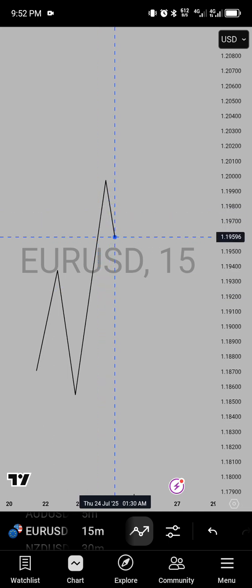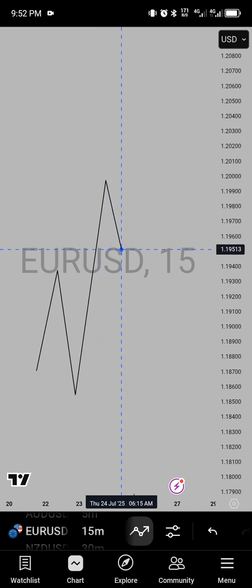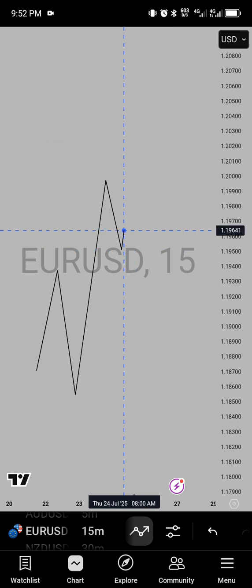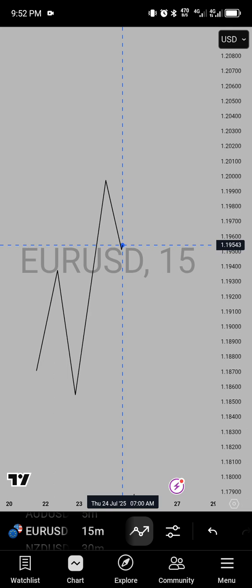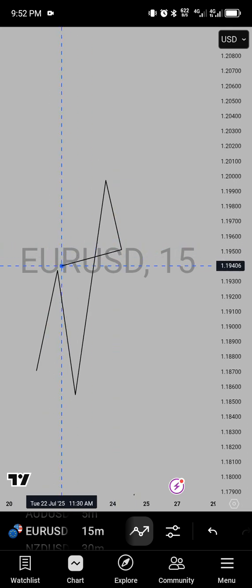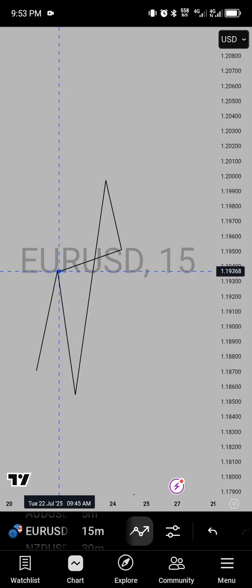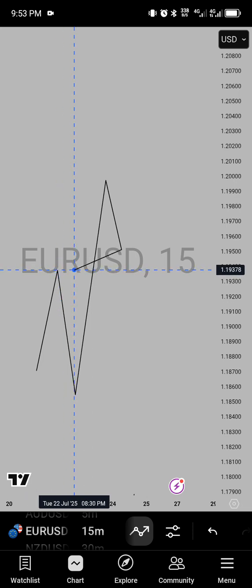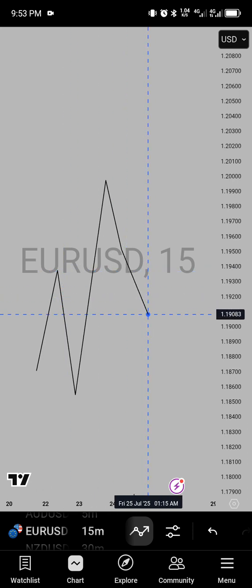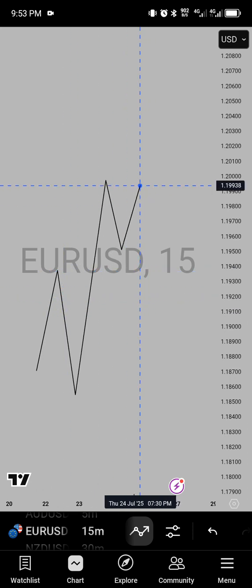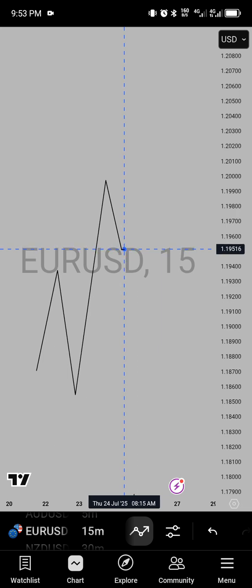And now what next? We need our liquidity, and liquidity would be right here. This liquidity, also known as inducement, is safeguarding this order block, or right now a breaker block, from hitting a loss or from being taken out to the downward side. So we are expecting this liquidity now to protect it.